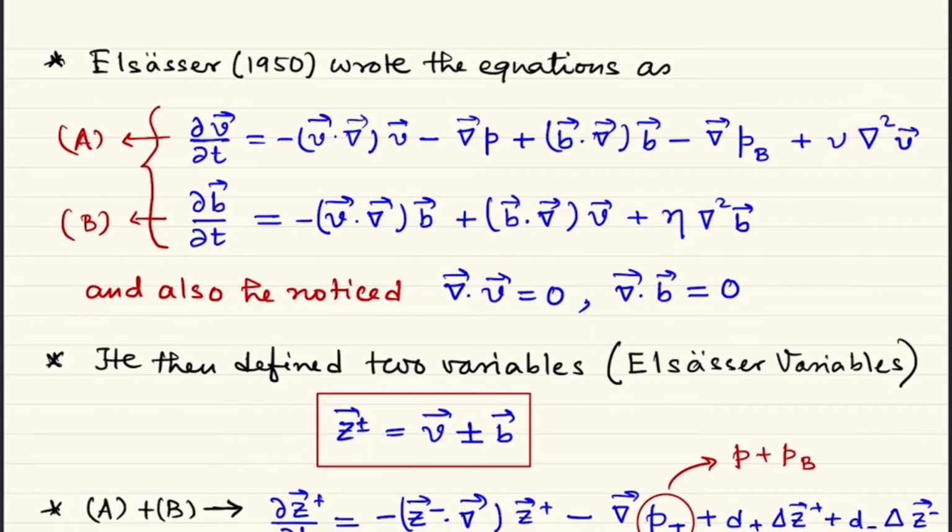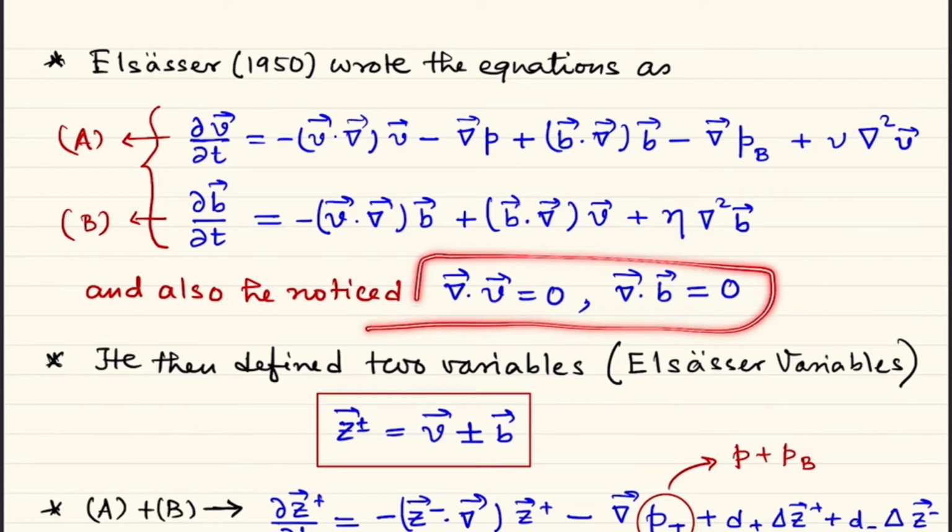And here he said that the constant density is now normalized to unity, so we don't write the rho any longer. And then we write ∂B/∂t is equal to minus V dot nabla B plus B dot nabla V plus eta times nabla square or Laplacian B. And finally he had this too.